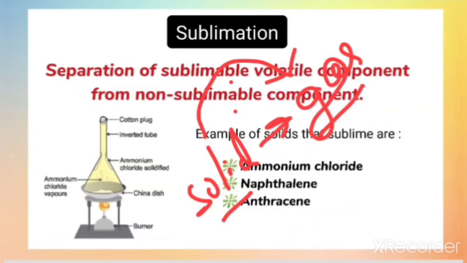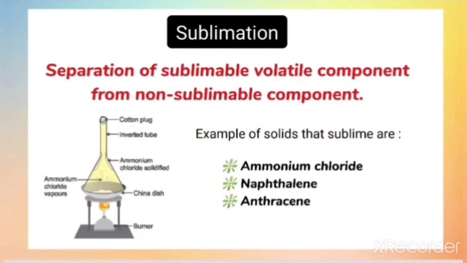This technique is done by using this arrangement. Solids that can sublimate include ammonium chloride, naphthalene and anthracene. These are some of the compounds which can be directly converted from the solid state to the gaseous state. So this technique is called sublimation.